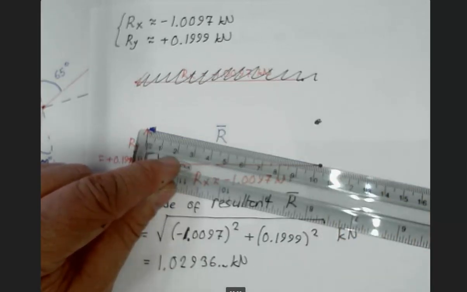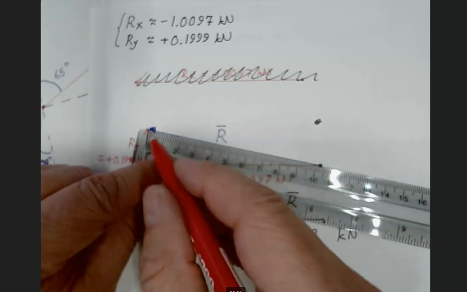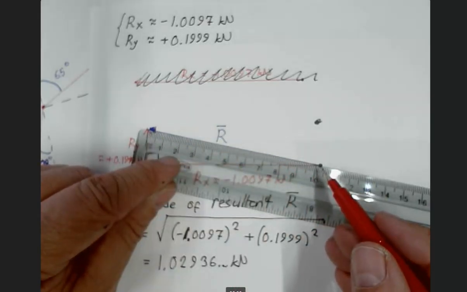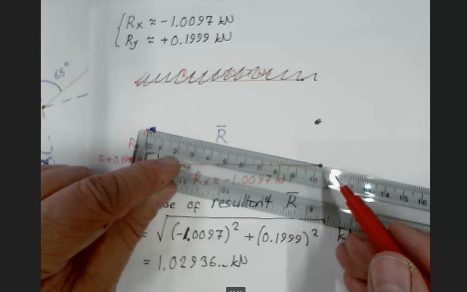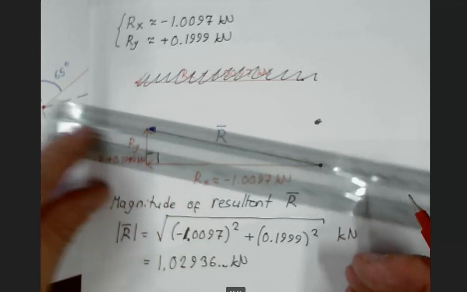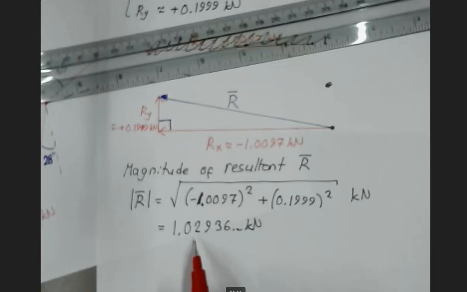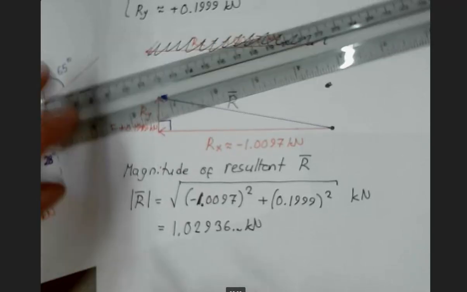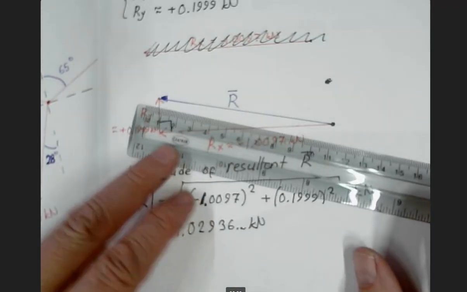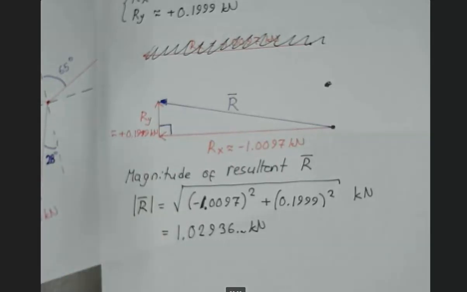So if we divide that by 10, we get the length of that vector. It would be about 1.03. And actually, if you round this to 2 decimals, you can see that it is exactly the same that I got from this ruler here.